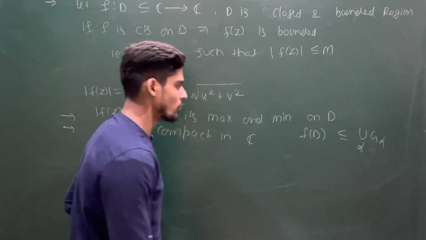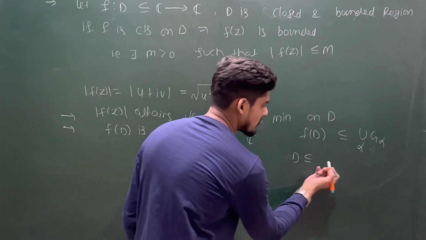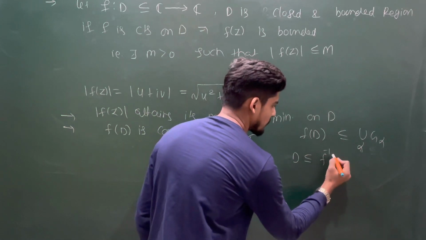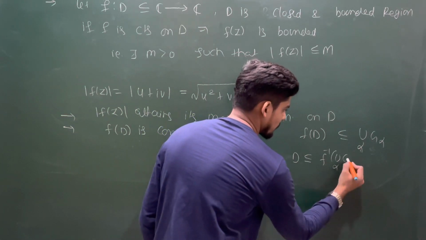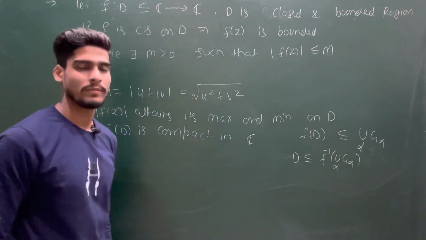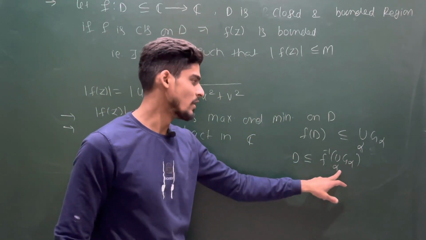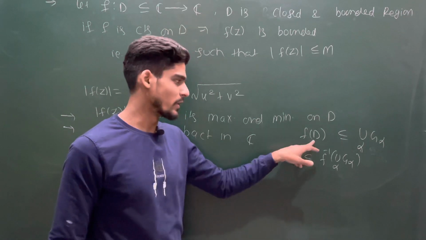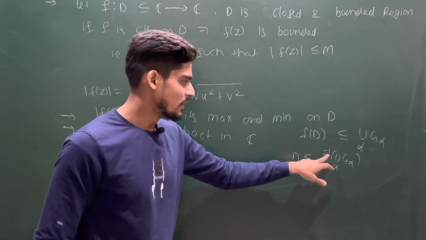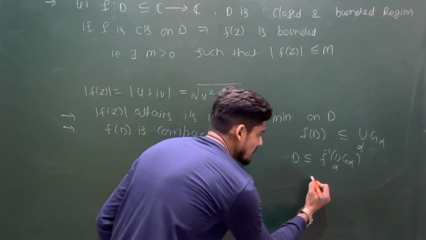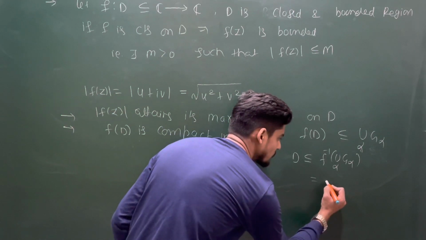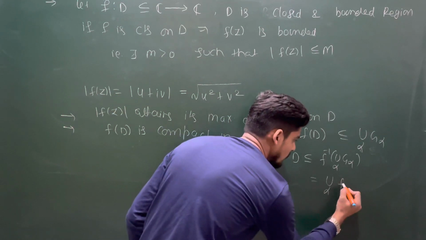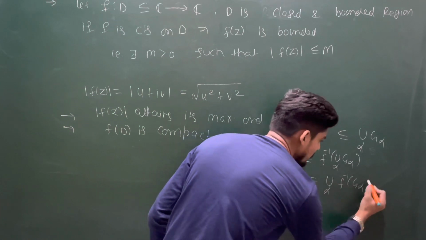So what you will do, you try to arrive at this situation. So you can think the inverse image of the union of G alpha will contain D because of this property. Now in the inverse you can write this also as the union over alpha of f inverse G alpha.